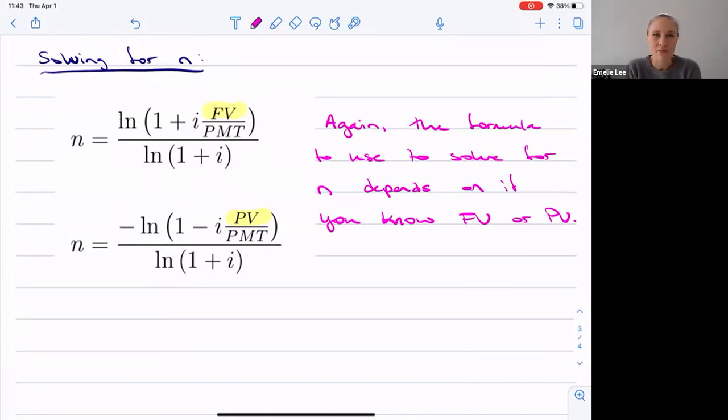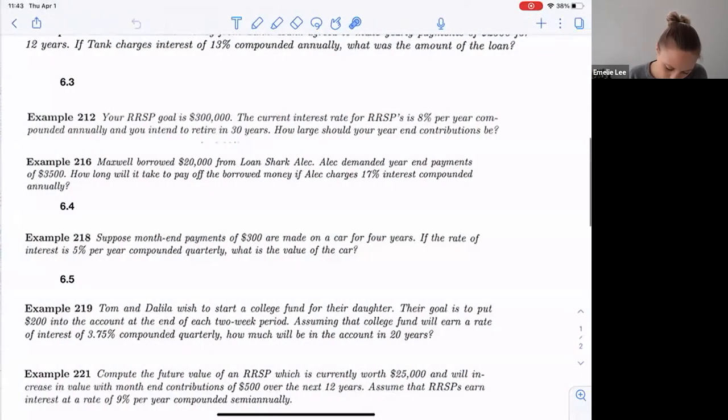So we have this formula. And kind of everything that we need should be given to us in the problem. The only thing that we might need to do is to solve for I, which is going to be your I2 again, right? And so let's go back and grab that example that I want to do.